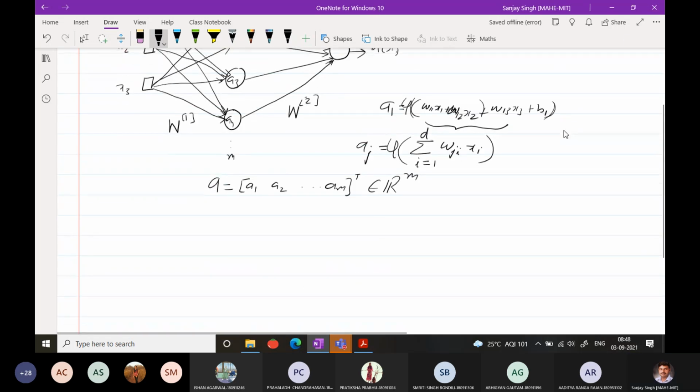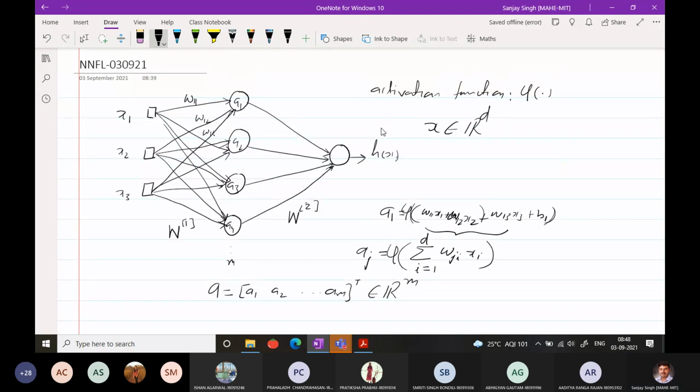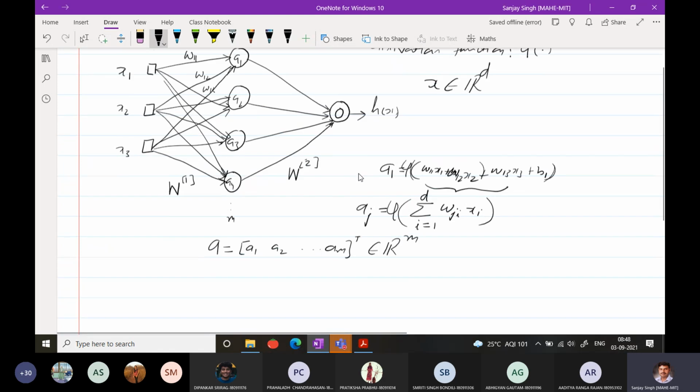Now, let's move a little further. And if you see here, h(x), can you tell me what should be the h(x)? What should I write about the h(x)? Any idea? Any one of you? A1 into weight of A1 plus A2 into the weight of A2. Correct. So you are on the line. So let me just label it as some O, just an idea.